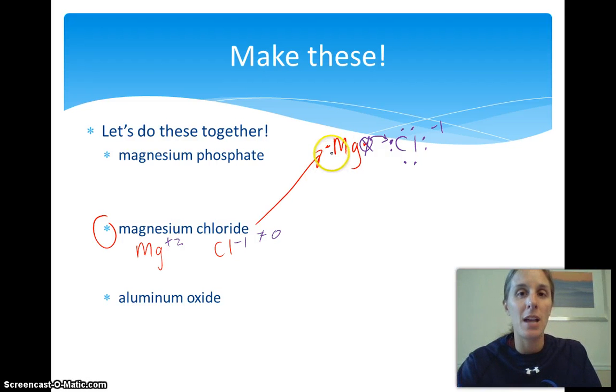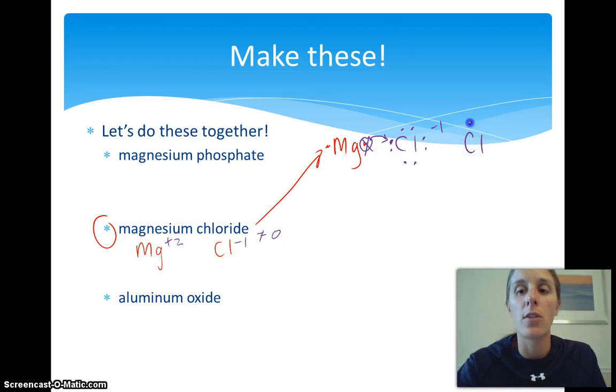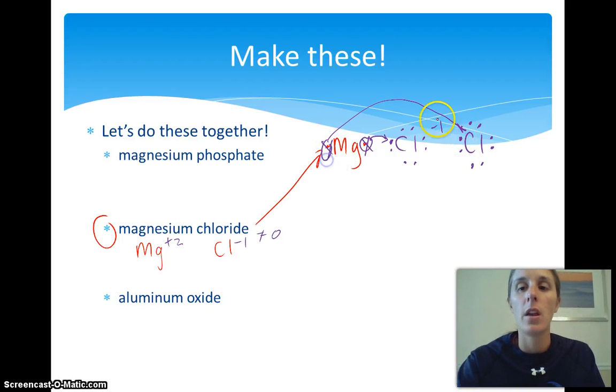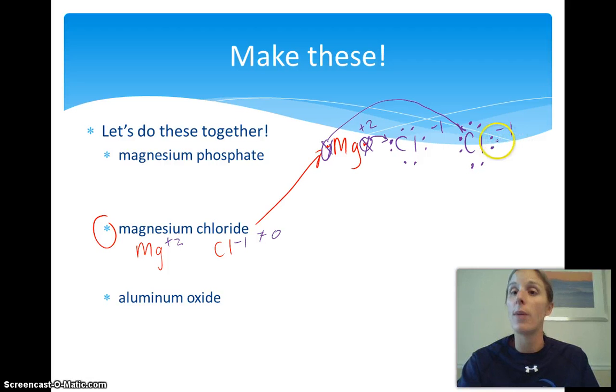Since my magnesium has 1 more electron to lose, and my chlorine wants to gain 1 electron, I can bring another chlorine atom to the party. And he can take on this other electron that the magnesium wants to lose. So that makes it a -1 ion. And since my magnesium has lost both its electrons, it's a plus 2 ion.